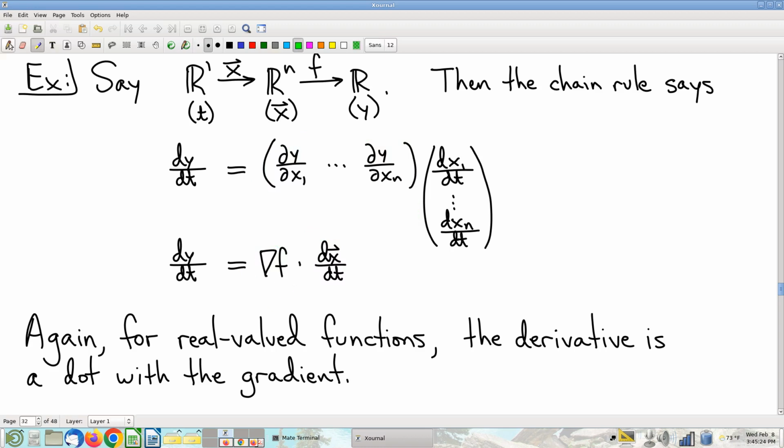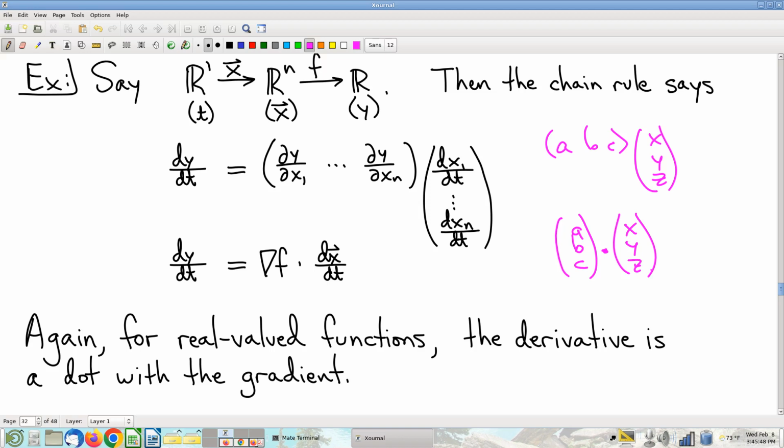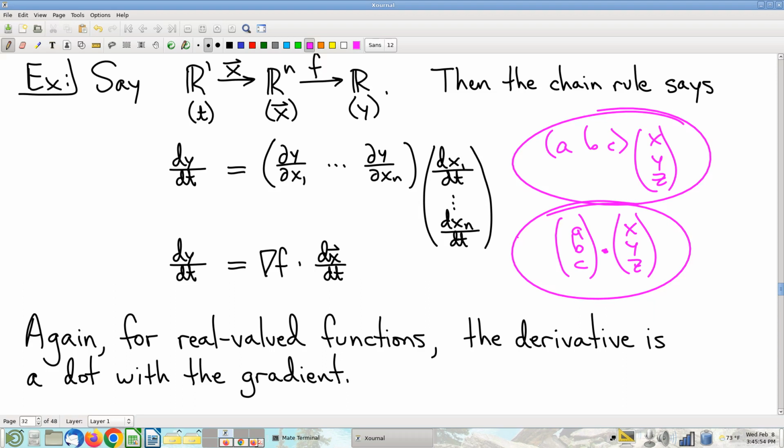Just as an example, if I have A, B, C, and I multiply by X, Y, Z, this matrix times that vector, the result is exactly the same as if I were to write the dot product of the vector A, B, C dotted with the vector X, Y, Z. So you just multiply them out. Both of these things are equal to AX plus BY plus CZ. It's just the same exact expressions. Is that cool?